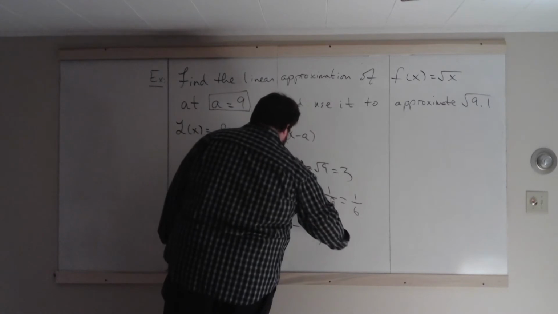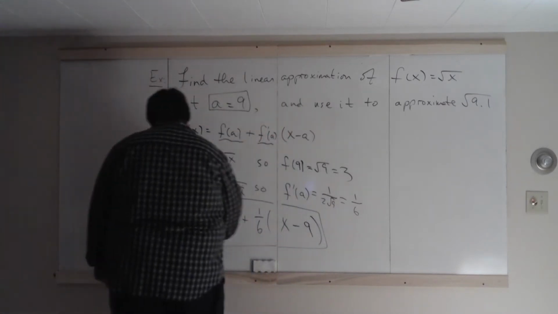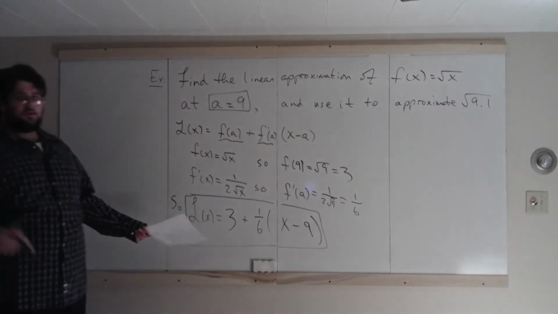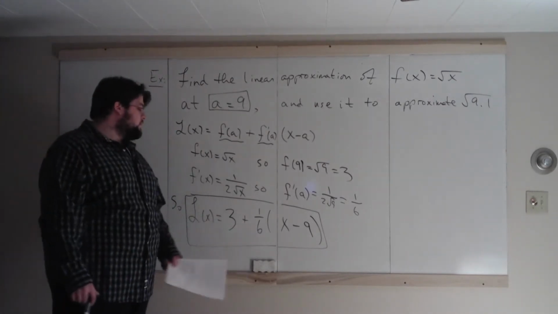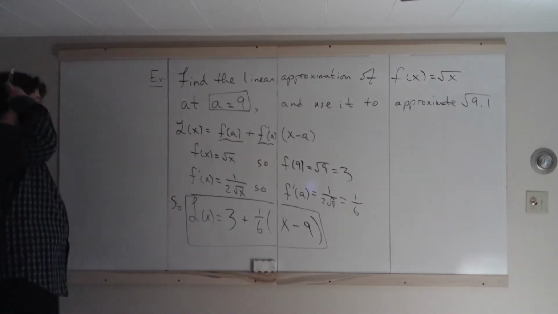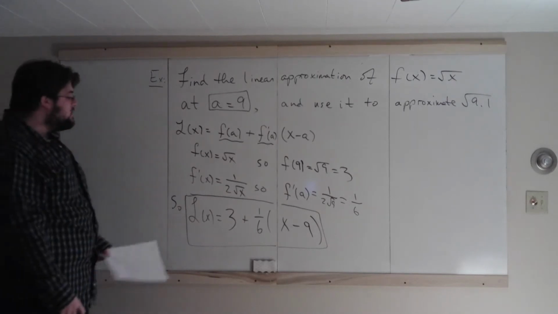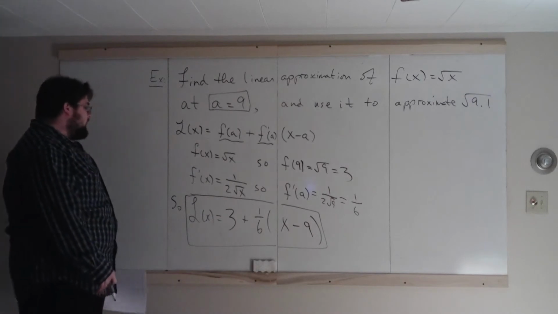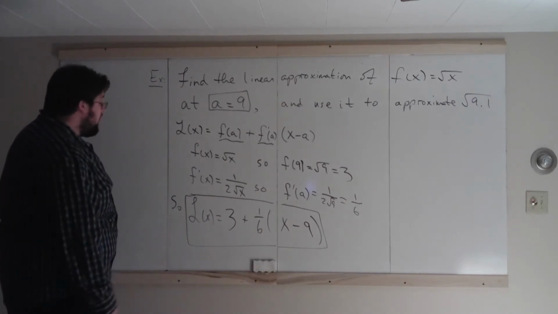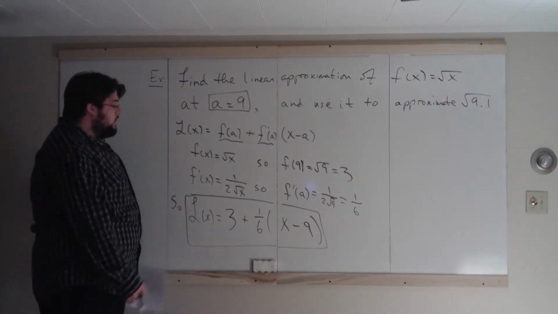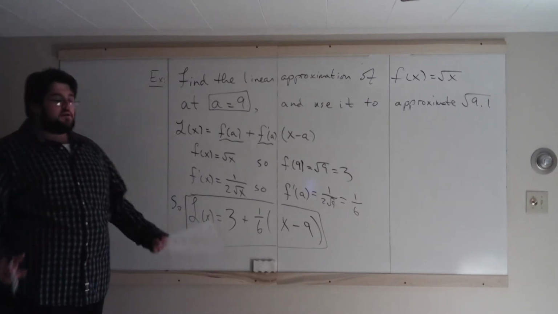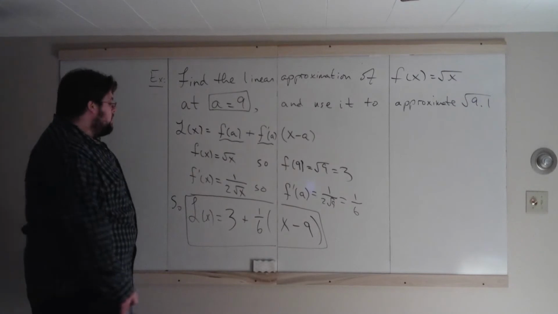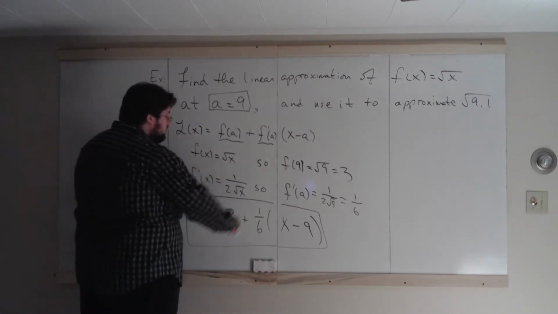Notice this function is a line. It's a line with slope 1/6, intercept something else. You could simplify this if you want, make it x over 6 plus 3 halves. I'm okay with it in this form. I actually think this form is more useful for what we're doing, because right here, this shows us a lot.